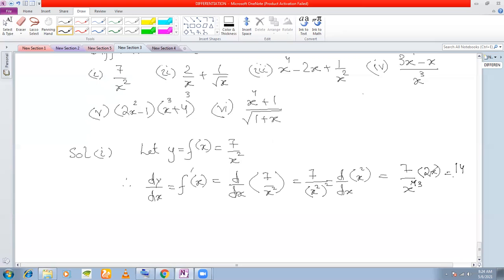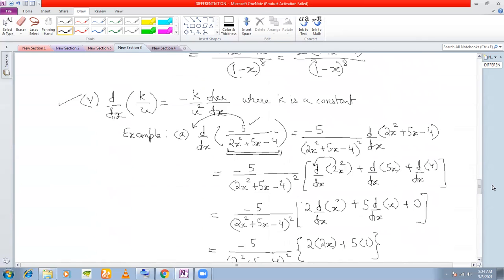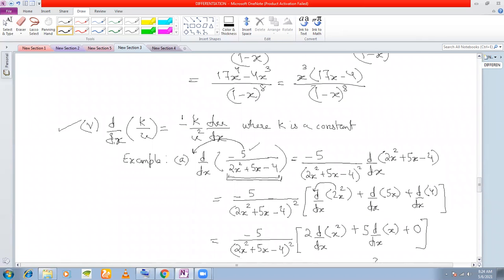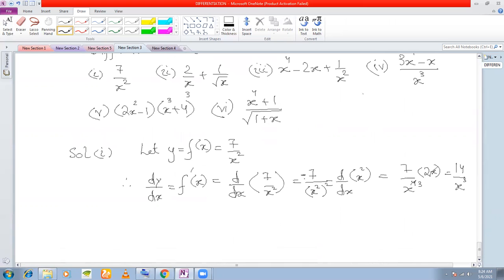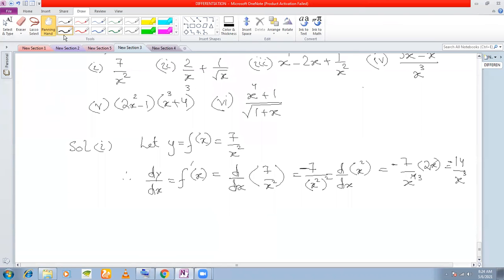We get 14 by x. Now there's the minus sign also. This is minus, because if you see in this rule, you have a minus sign. I forgot this minus sign, so I'll just insert the minus sign here. So that is what this is.